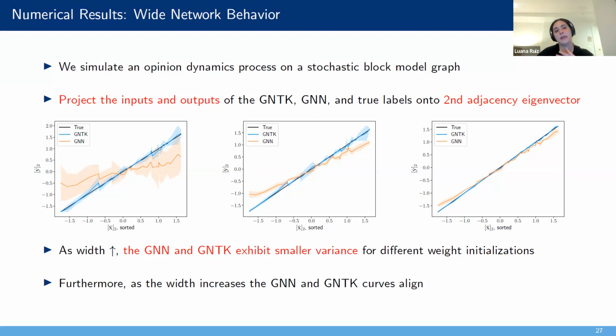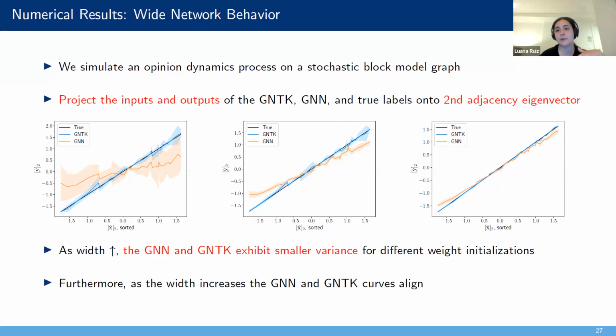And what we did is we trained a graph neural network and we fitted a graph neural tangent kernel to this problem. And on the y-axis, we plotted the projection of the output of either the GNTK or the neural network onto the second adjacency eigenvector.